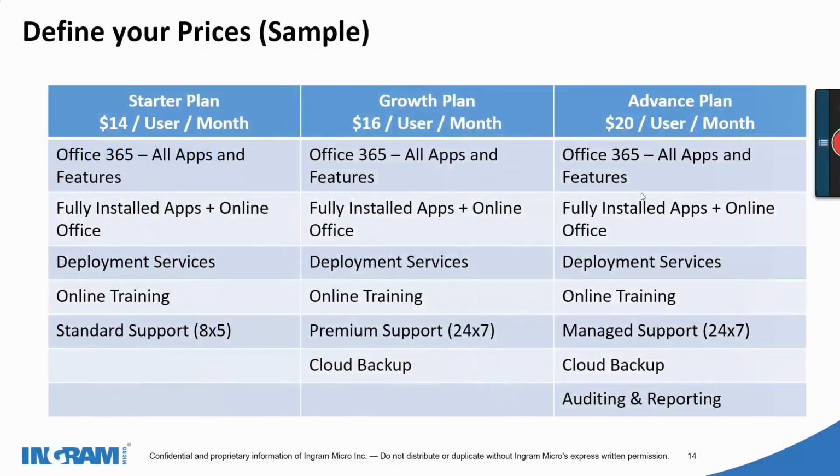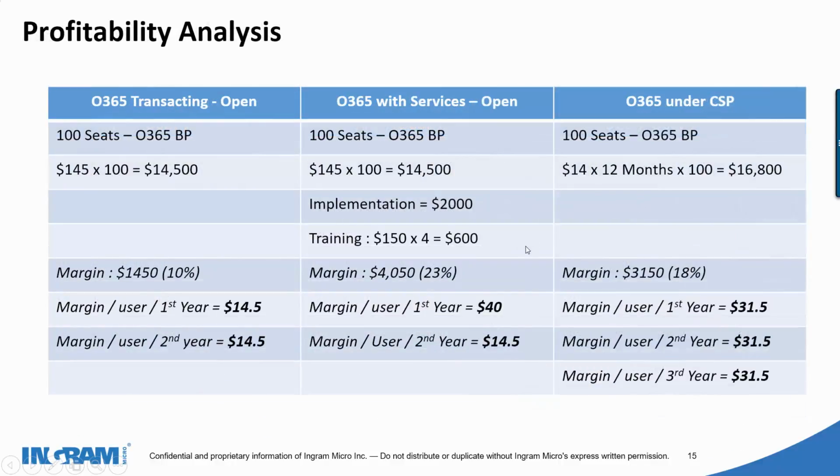So let's look at profitability analysis. So assuming that you're transacting under open for the first two, and then the third one is under CSP, the open one is about just a transaction, no services, and this basically gives you an average of 10% if you are selling Office 365 Business Premium at $145 per user per year, annual subscription for 100 seats.